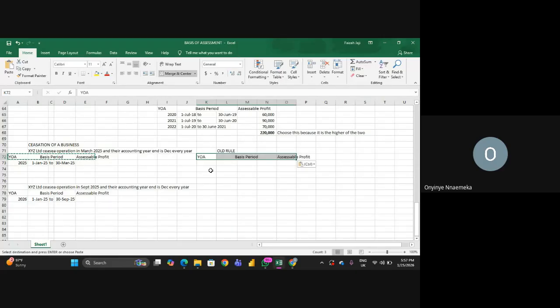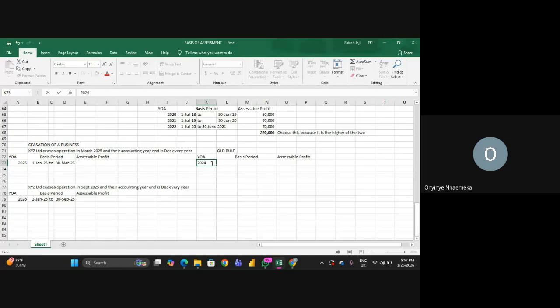Copy, paste. All right. So now, if they cease business in 2025, that means their ultimate year is 2025, right? And the penultimate year is 2024, right? So now, you have to first choose. The penultimate year will come first.